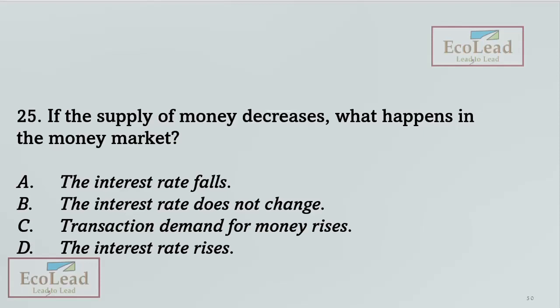People who need that money badly will be ready to pay a higher interest rate to get it, right? So in this case, let us look at the options: the interest rate falls, the interest rate doesn't change, transaction demand for money rises, the interest rate rises. Now here I will pause for a few seconds. I have already given the hints, so you try to find out the answer.